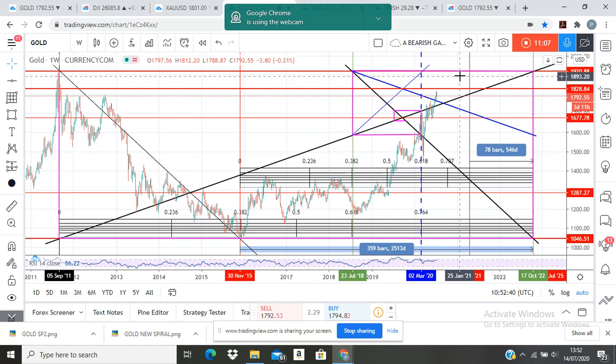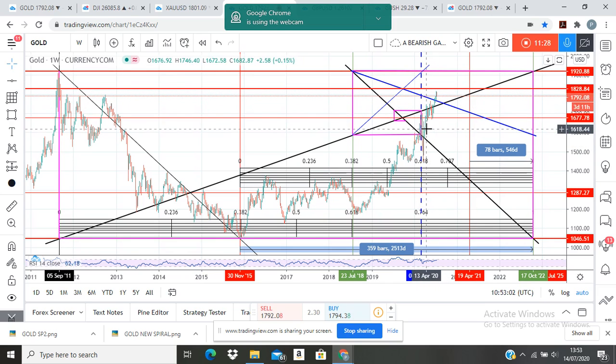You would have some resistance here, but our TP actually is in the 1948 zone. But between the 1828 and 1834 level, we would have some strong resistance before we can reach this top.